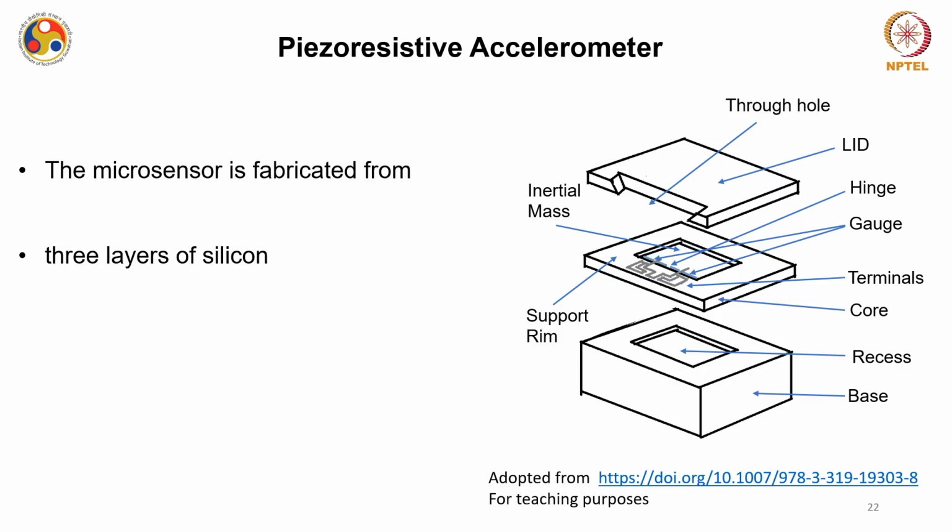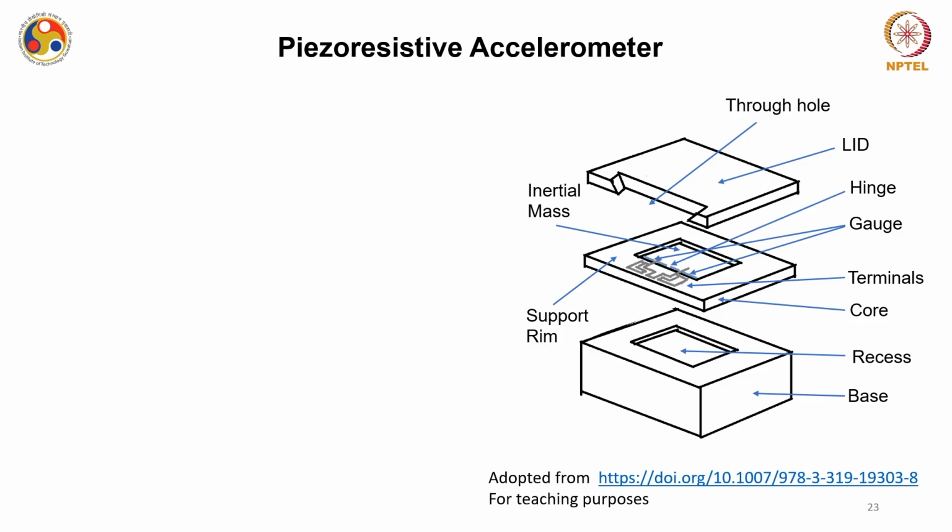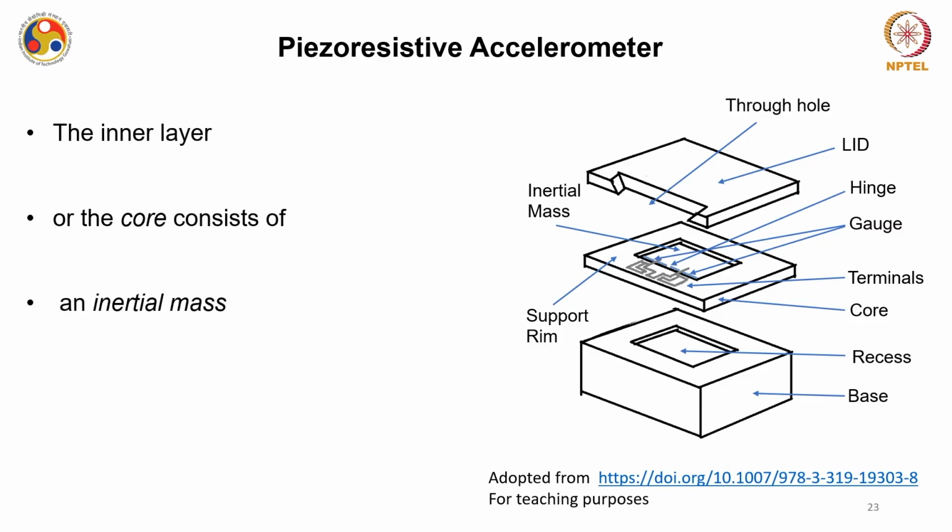A typical piezoresistive accelerometer which is fabricated looks something like this. Essentially it contains 3 layers of silicon. The inner layer is the core layer, which consists of the inertial mass, this one, and the elastic hinges.